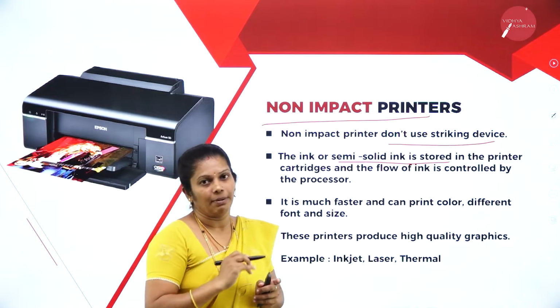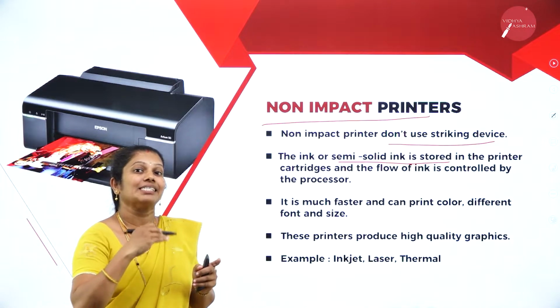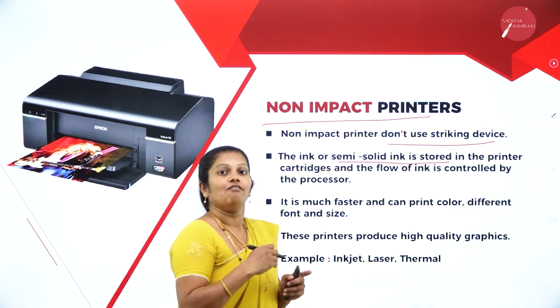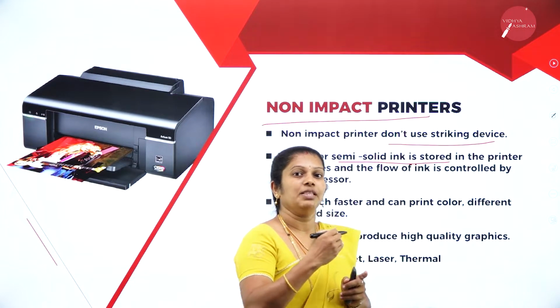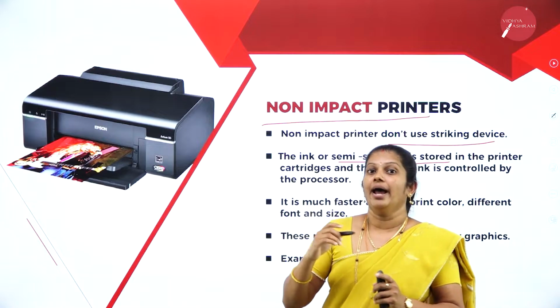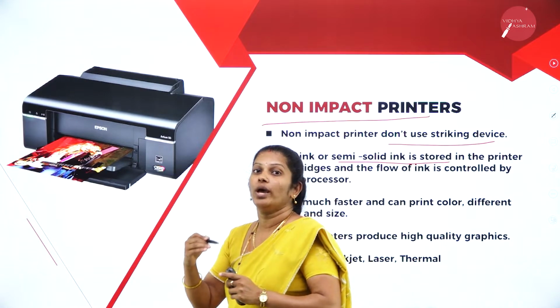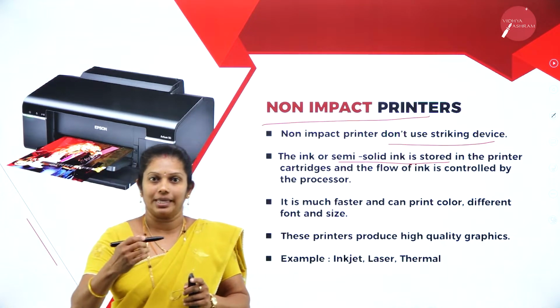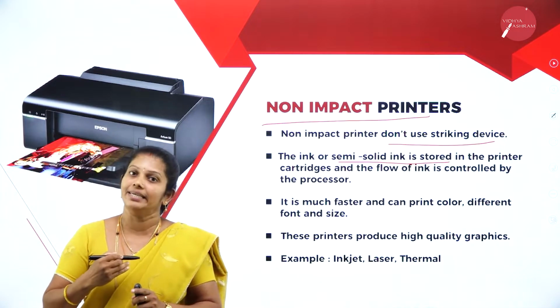Different colors and different styles are possible here. Whichever pictures we want, we can print, and speed-wise it is also very fast. Within a few seconds I can print a huge amount of data here.